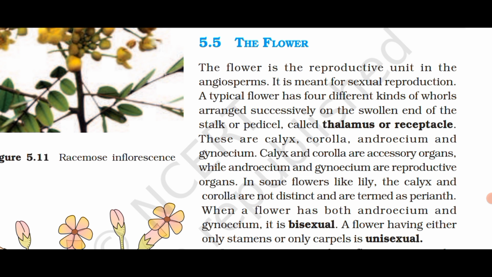These are calyx, corolla, androecium and gynoecium. Calyx and corolla are accessory organs, while androecium and gynoecium are reproductive organs. In some flowers, like lily, the calyx and corolla are not distinct and are termed perianth. When a flower has both androecium and gynoecium, it is bisexual.